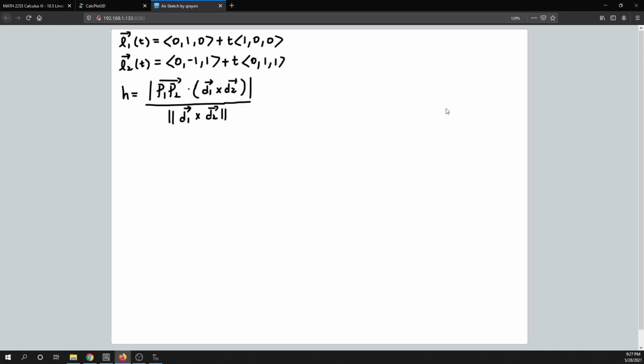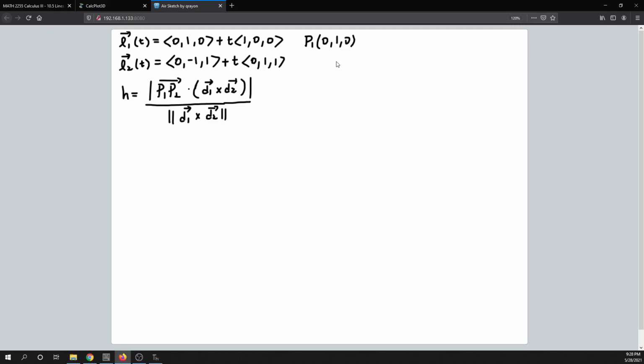Okay, so P1 is the point on line 1. We're just going to use this point right here, 0, 1, 0. Remember, you can get a point by plugging in a value for the parameter. So if you plug in 0, you get 0, 1, 0. Remember, that is a vector that points to the point on the line.